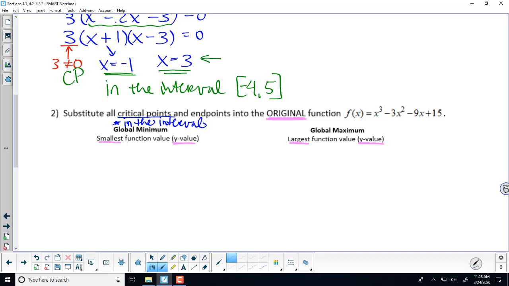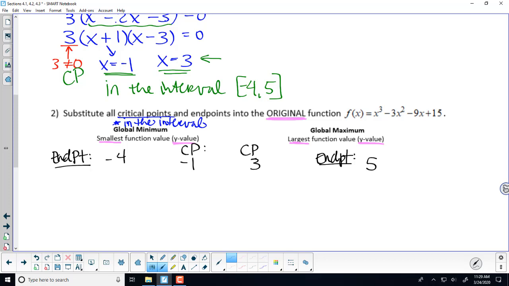So what I do is I think about my interval. I'm going from -4 to 5. So I've got my endpoints, -4 and 5, and then I've got my critical points, -1 and 3.